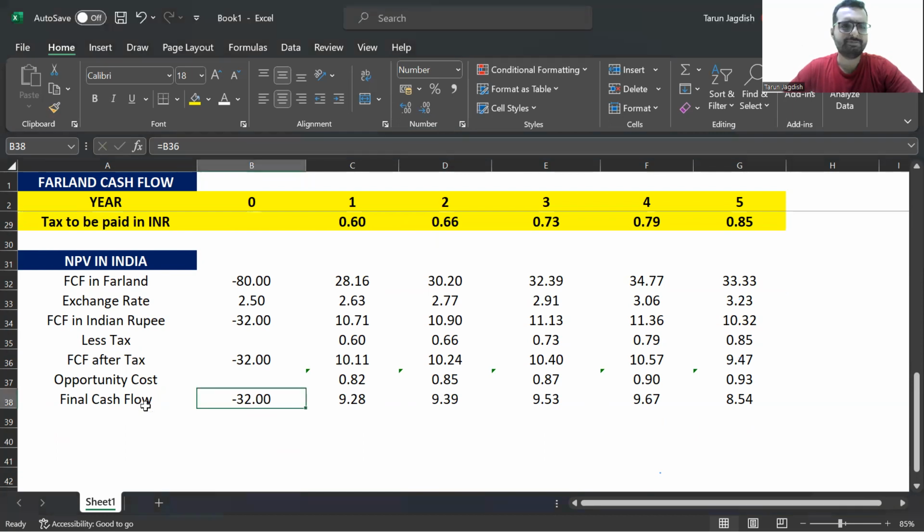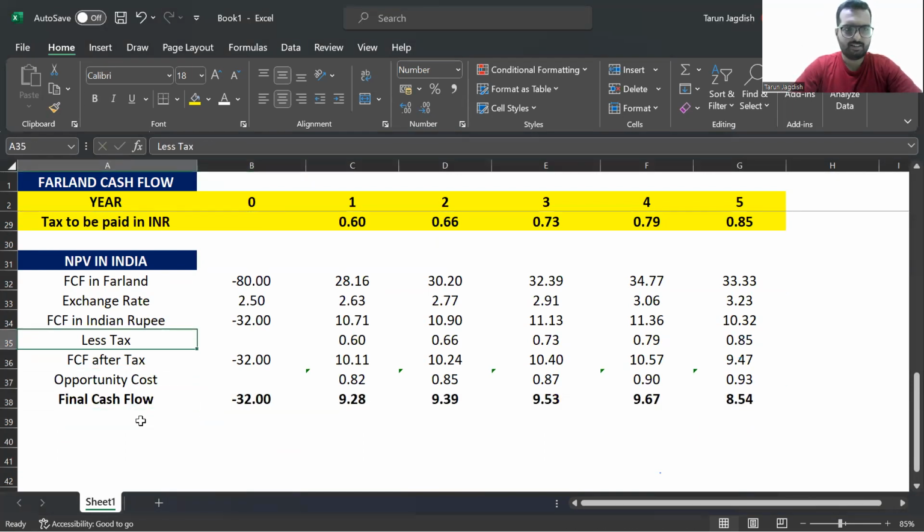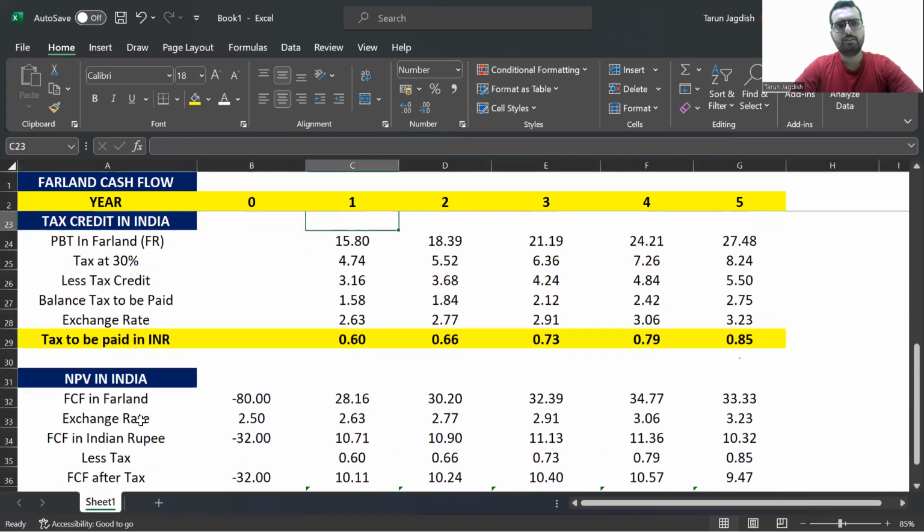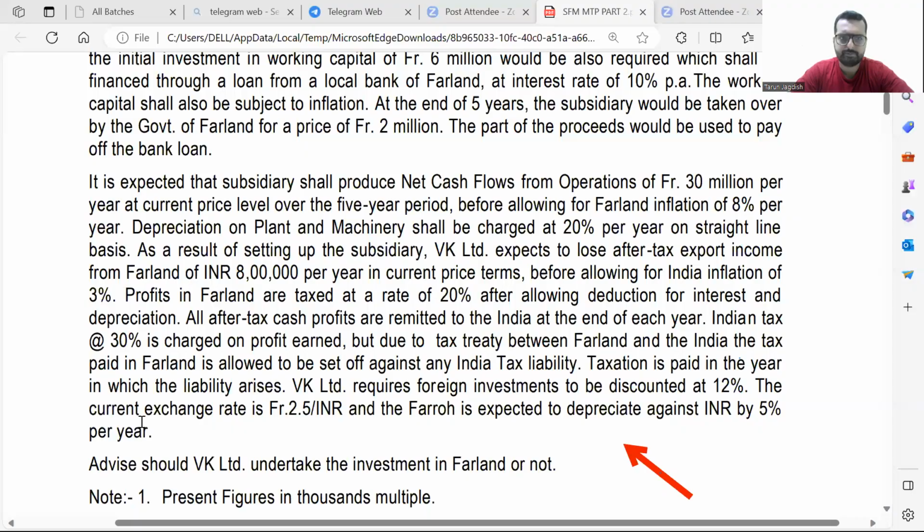Tell me now. The amount that is remitted to India is the amount after the tax that we get in FR, right? So the 30% should be on the profit after tax amount. No, no. They have not told that only when the money is remitted you have to pay 30% tax. What they have told is ideally on the same profits you're supposed to pay 30% tax in India. They have given that after tax profits are remitted to India.